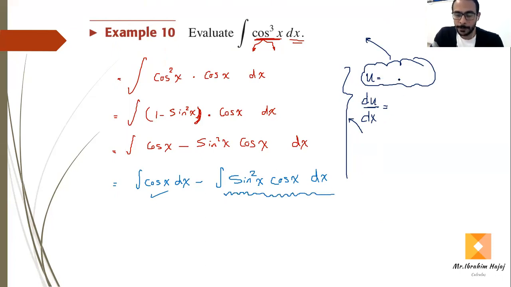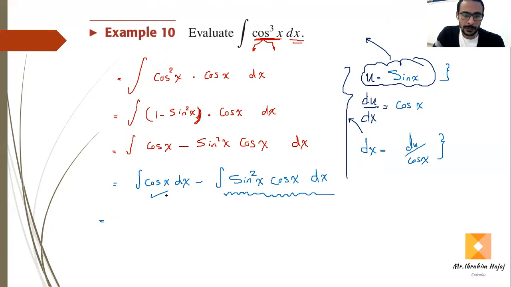What is the u? The u is sine x, and du over dx, the derivative of sine, is cosine x, so dx equals du over cosine x. Use this and substitute.